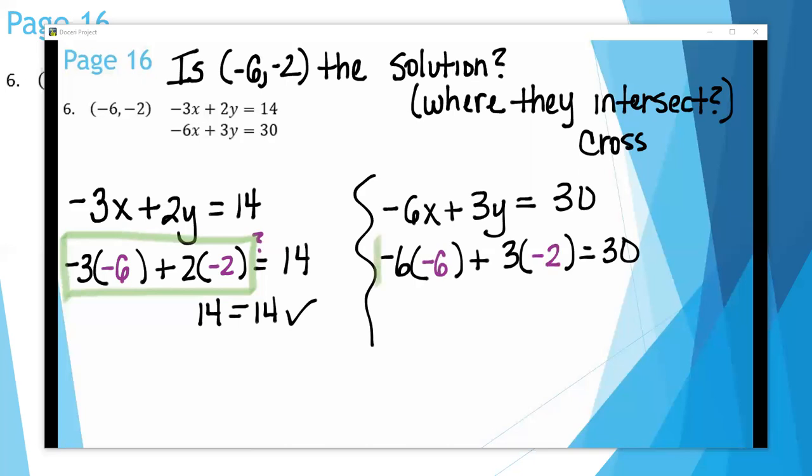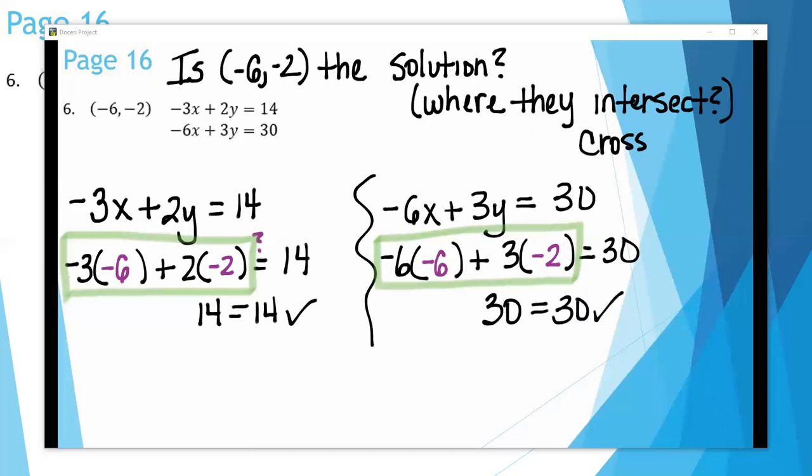So use your calculator, type that in. And you get 30 equals 30, which is true.